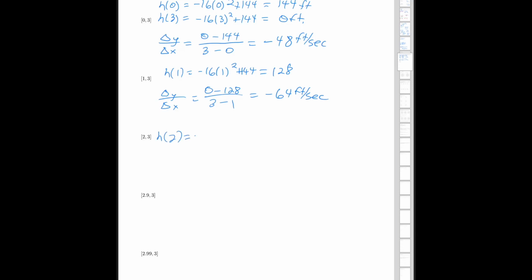So h of 2 is negative 16 times 2 squared plus 144.